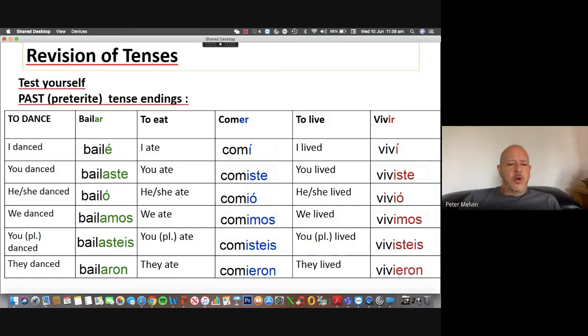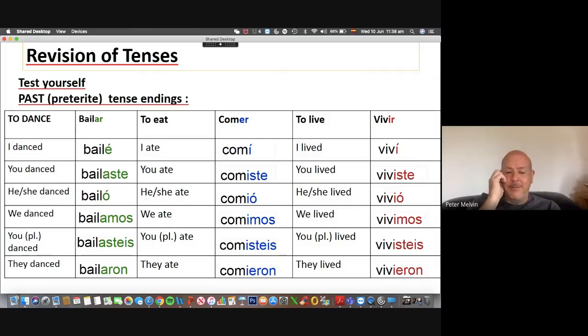Now, do I think that you need to know all of these forms? So I, you, he, she, we, you plural, they? Probably not if I'm a realist, all right? But if you look, they all follow the same pattern. So for AR verbs: bailé, bailaste, bailó, bailamos, bailasteis, and bailaron.